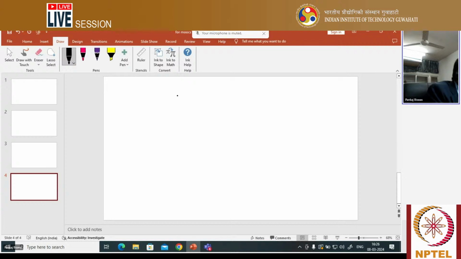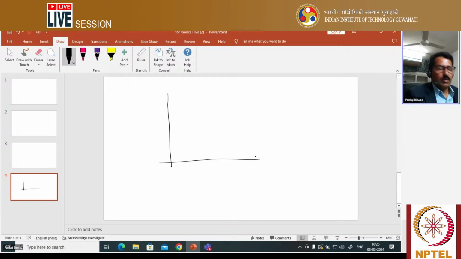You have asked a question, sir: would you please explain the effect of current and voltage in case of drop transfer? I have already told you. If you draw the curve, let this y-axis represent drop transfer, drops per second, and let this x-axis represent your current.